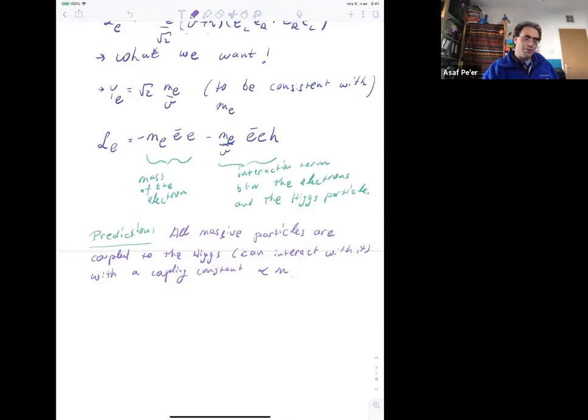Now, there are two things. The masses of the neutrinos are extremely small, much smaller than anything else that we have. So one, it's not clear what gives them the masses. It's not clear if it is this mechanism or something else that gives them the masses. Because the coupling is so small, the masses are so small, it's really not clear.